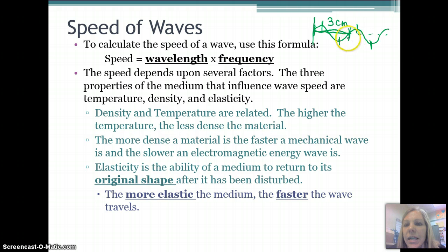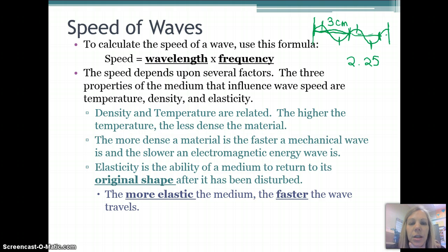Okay? And I have a total of 2 wavelengths, 2 and about a fourth. So we're going to say that there are 2.25 waves in a second of time, and we're going to pretend that the drawing that I drew is equal to 1 second of time.